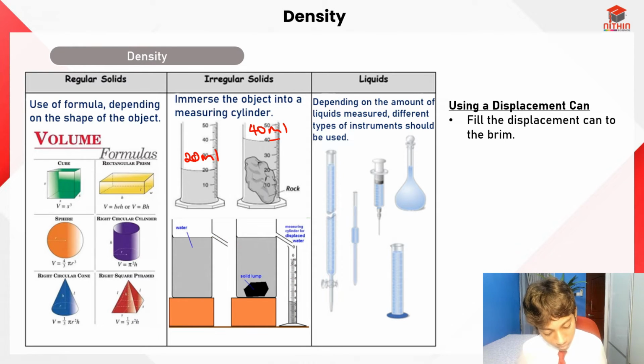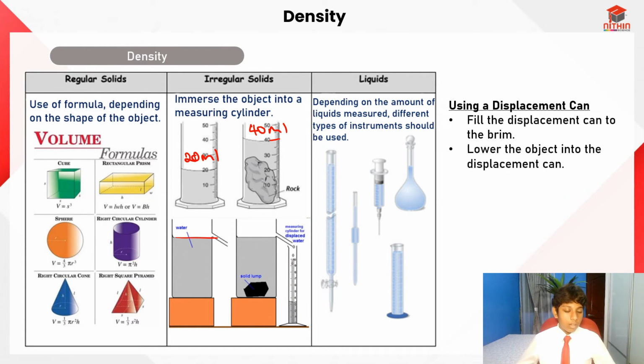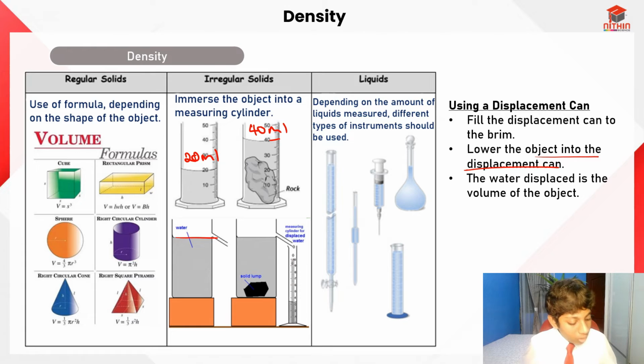Next, lower the object into the displacement can. Over here is a solid lump, so we lower the solid lump into the displacement can. Next, the water displaced in the measuring cylinder over here is basically the volume of the object. So that's the displacement can. I hope you understood that.